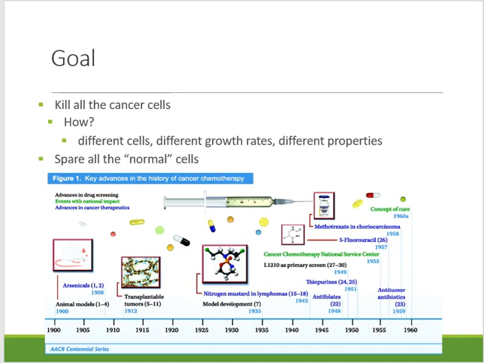Around 1943, they had the nitrogen mustard drug, which is still being used today. In 1948, methotrexate, 60 years old, we're still using methotrexate. And then 1959, some anti-tumor antibiotics. There are a lot of older agents in there that are still being used.